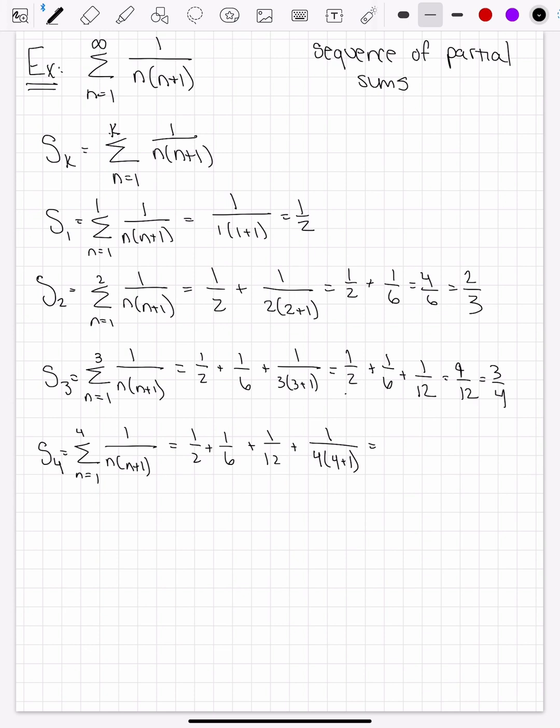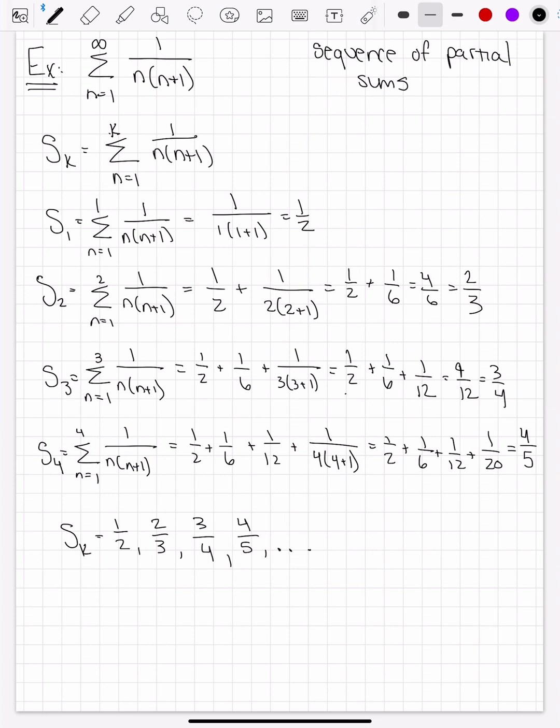So this is going to become 1/2 plus 1/6 plus 1/12 plus 1/20. And that's going to be 4/5. All right. So right now for Sk, the whole sequence of partial sums, the first term in the sequence is 1/2. The second term, S2, is 2/3. The third one is 3 over 4. The fourth one is 4 over 5, and that'll go on forever.